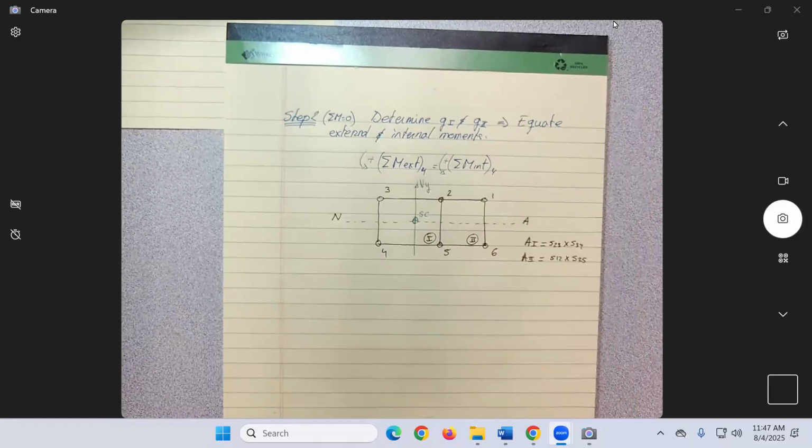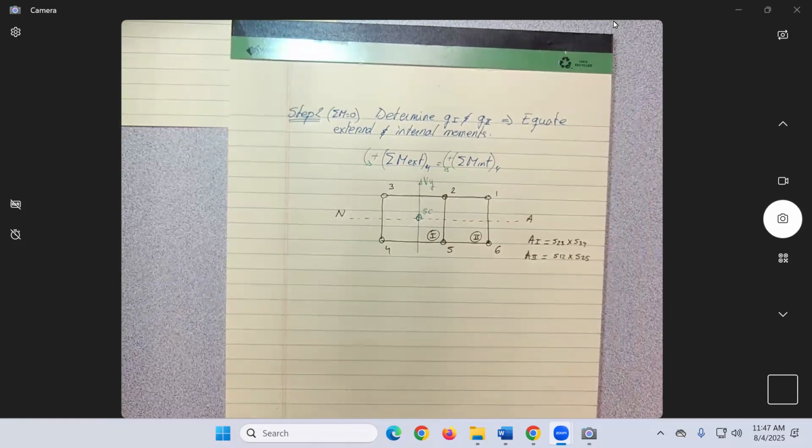Over here, this is the important part. Now you will say, okay, we can just go and do the summation of the external moments about 0.4. So we know the force Vy. What will be the arm? Do we know the location of the shear center?